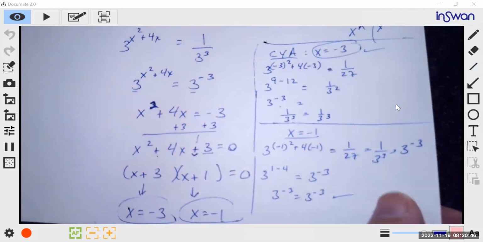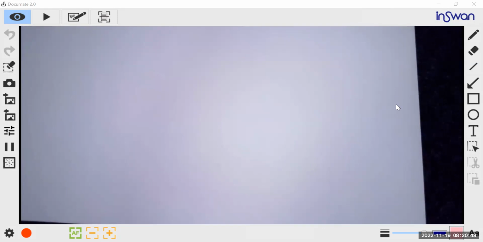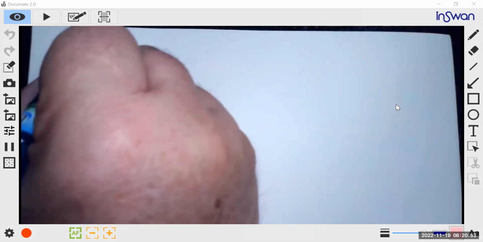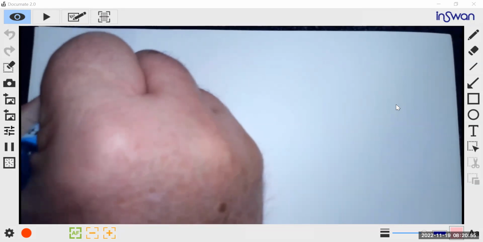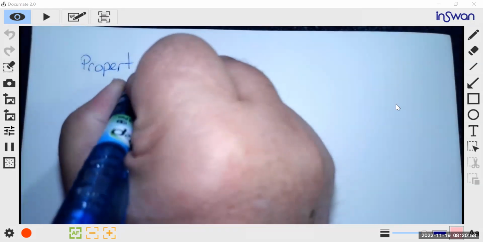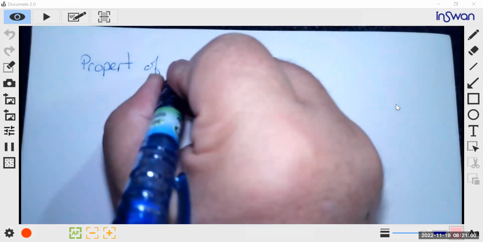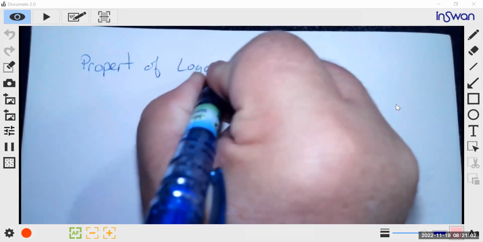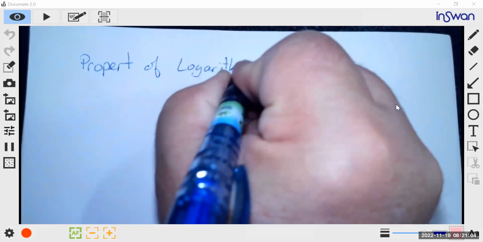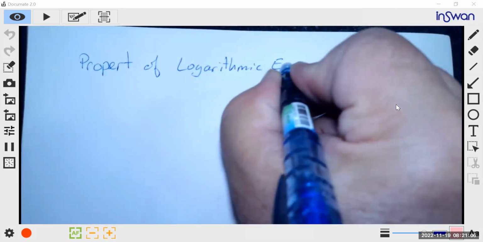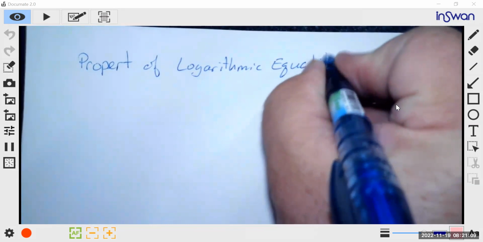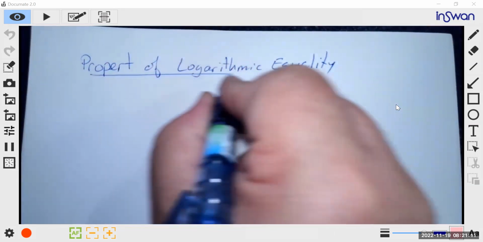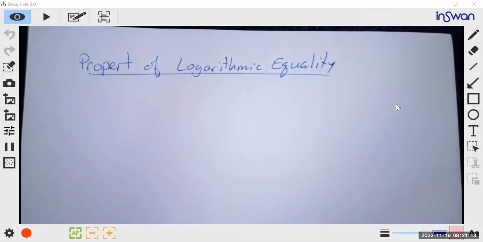Now, here's another property. The property of logarithmic equality. Here's what it says.